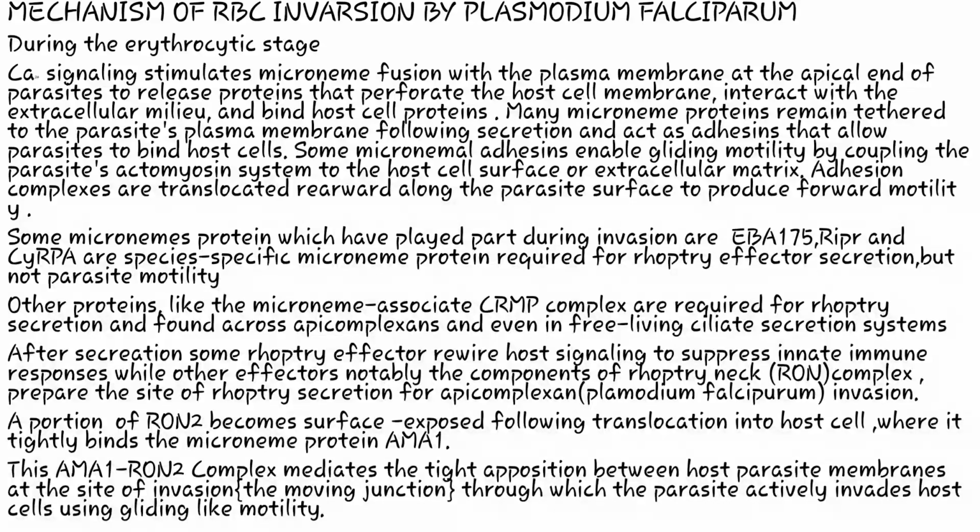After secretion, some Rhoptry effectors, as I said before, tend to rewire host signaling to suppress the innate immune response, while other effectors, notably the components of the Rhoptry-neck complex, are preformed complexes present at the apical end of the parasite.